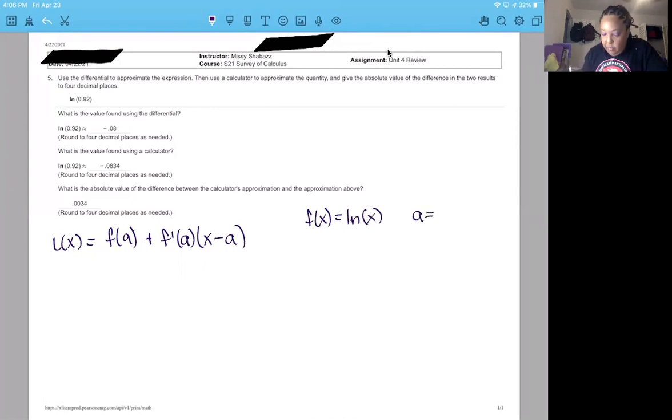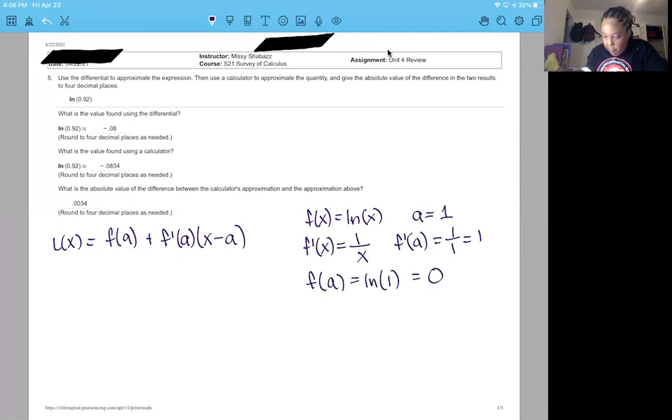So I'm going to use a to be exactly 1. So f prime of x is 1/x. F prime of a is 1/1, which is 1. F of a is natural log of 1, which is 0. So my linear approximation is 0 plus 1 times x, which is 0.92, minus 1, negative 0.08.